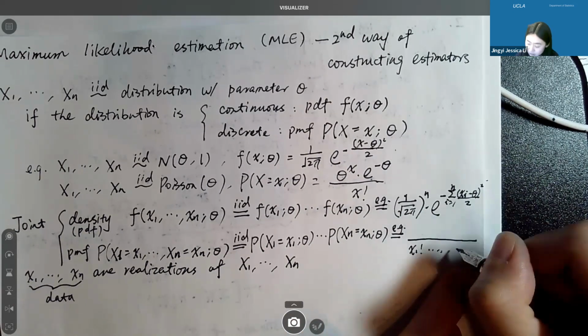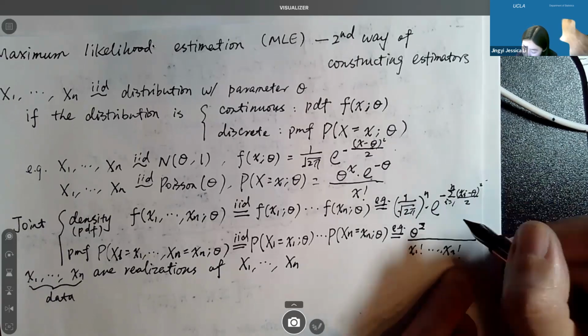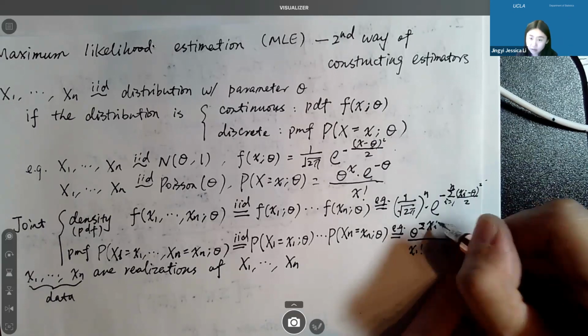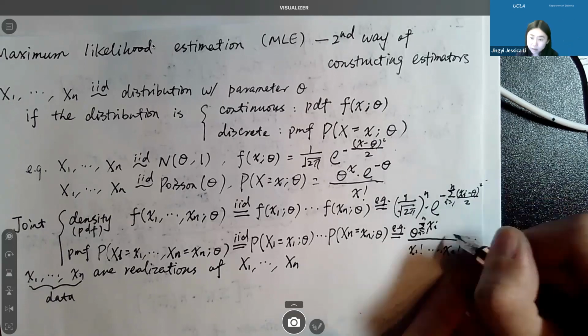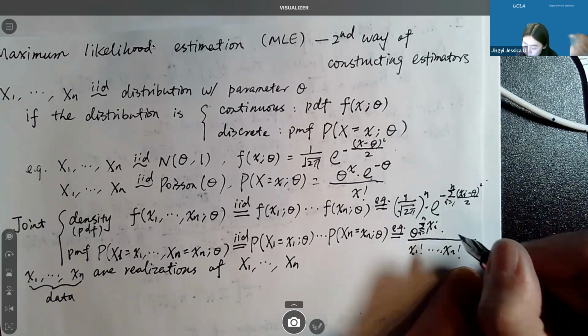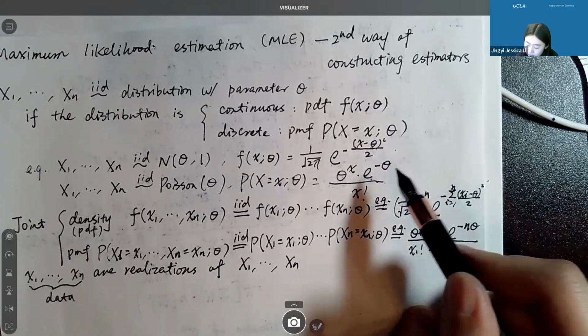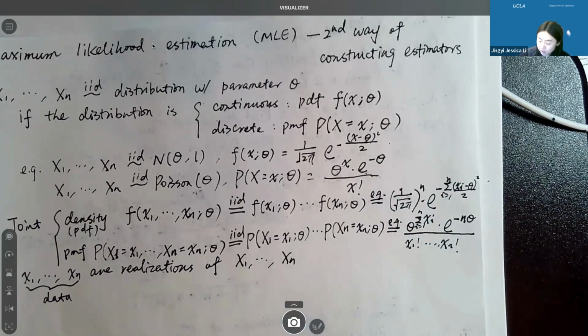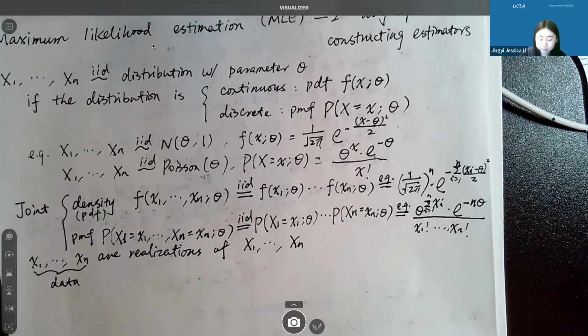And in the numerator, I'm going to have theta raised to the power of the sum of xi, i from 1 to n, multiplying exponential to the power negative n times theta, because this exponential of negative theta is going to be multiplied n times. So this is the joint probability mass function we could obtain for a random sample from Poisson theta.